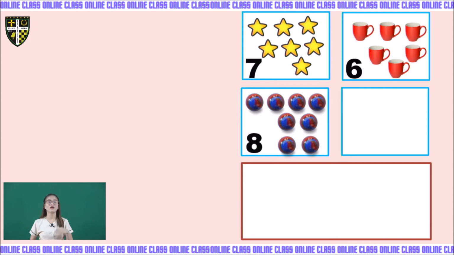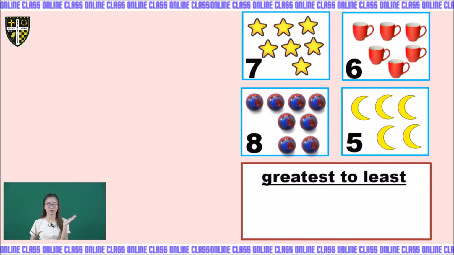So we have 8 marbles for set C. Okay, next one, set D. Last set. So we have 1, 2, 3, 4, 5. So we have 5 moons for the set D. Now, let's identify the greatest to least. Which one has the highest value of object?